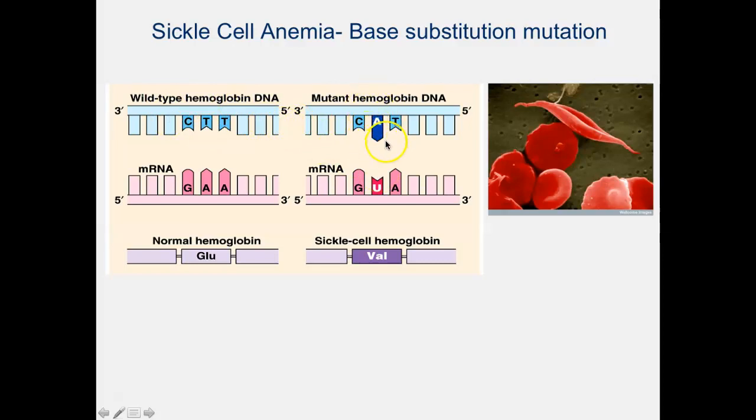So this is a base substitution. There's only one letter that's changed. The mRNA changes, and then our protein, our amino acid, also changes. So again, this change is a missense, and it causes that protein to fold abnormally. So this point of the amino acid is a very critical point for the whole protein.